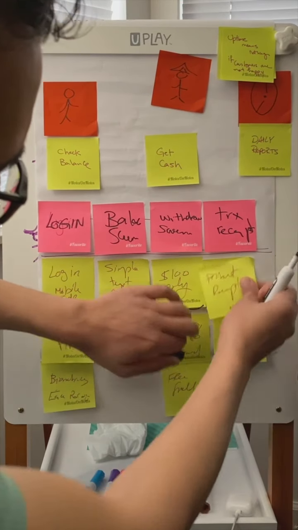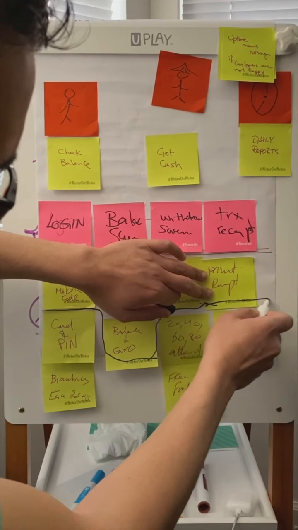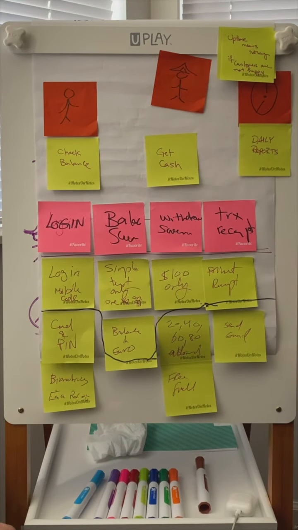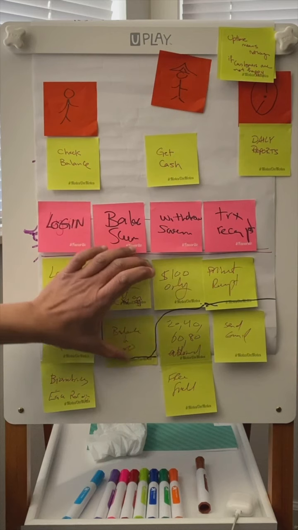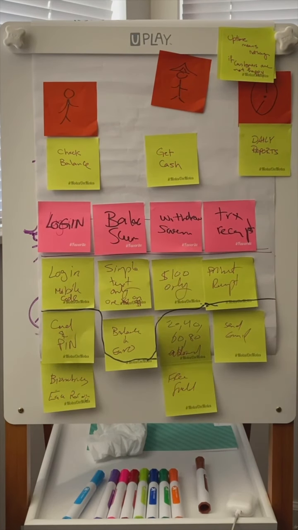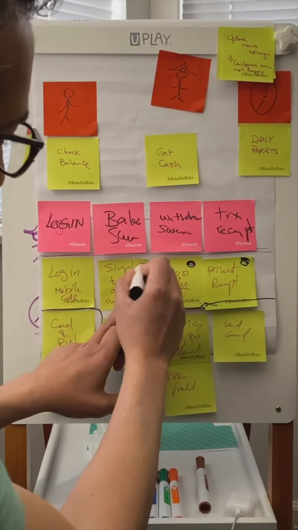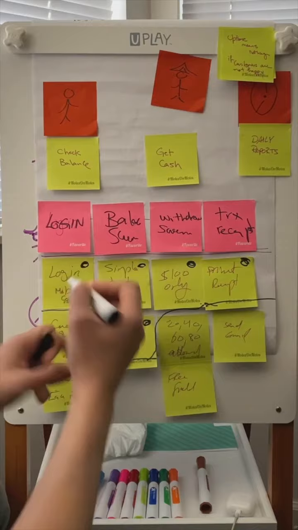Print is important. Email can be next. So we kind of canceled one, and we did this. And this area becomes my MVP or my first release. So I'm going to build this. This is something I can ship to the customer.